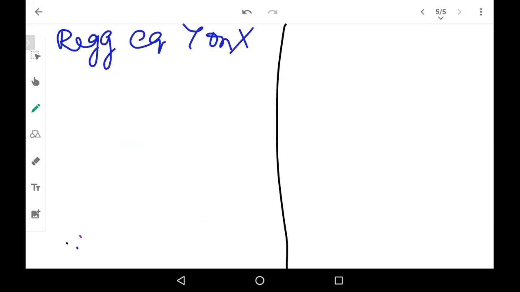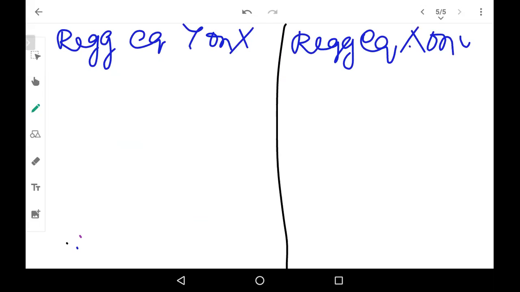One side I will solve y on x. Another side I will solve x on y. There is no rule to solve like this only. You can solve one after the other also. I am solving it like this so that you will know the difference between the two. And it's also easy to remember when you compare both of them.